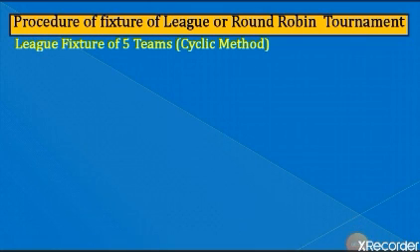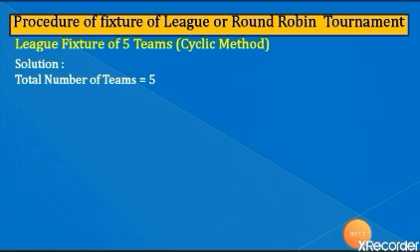Here in this slide, 5 teams are participating in the league tournament. With the help of this slide, we learn how to make the league fixture when the number of teams is odd. Here the total number of teams is 5.